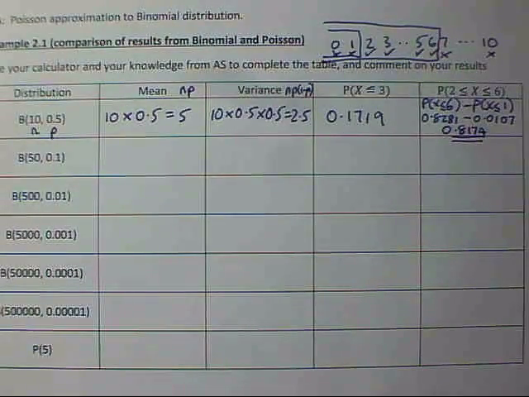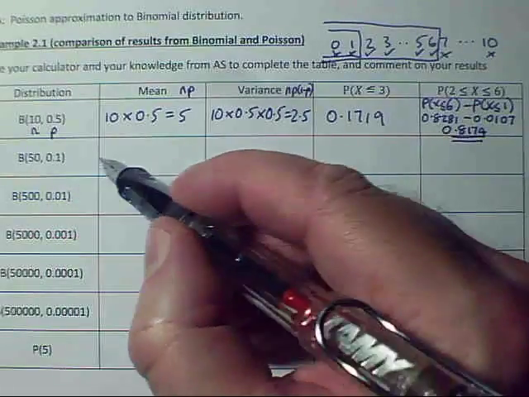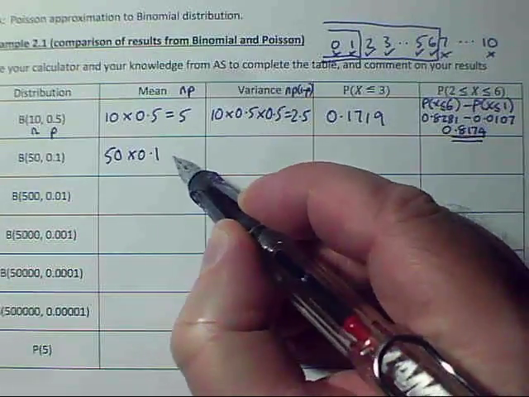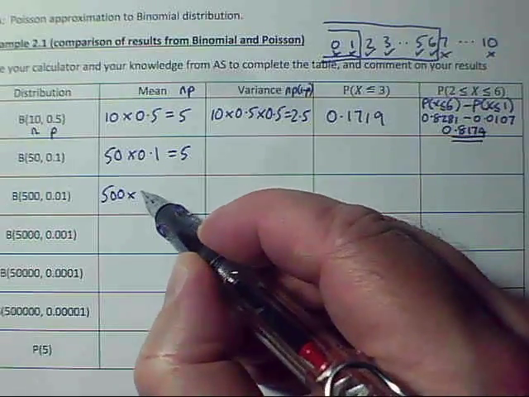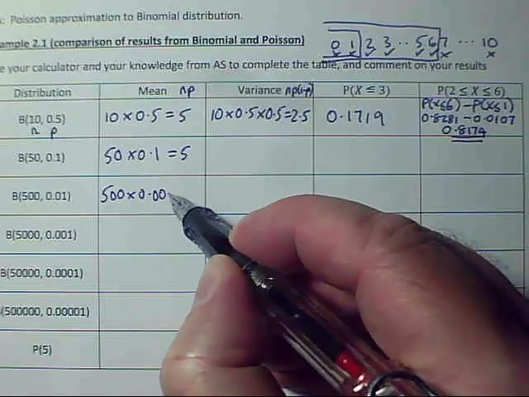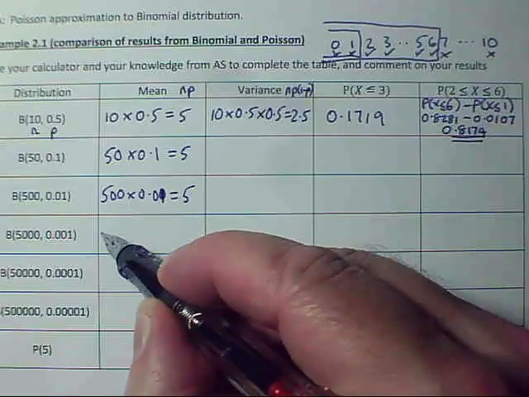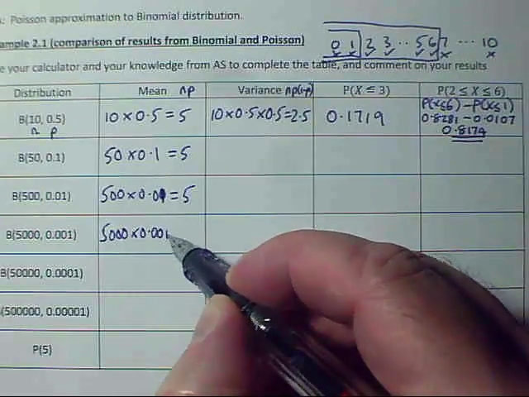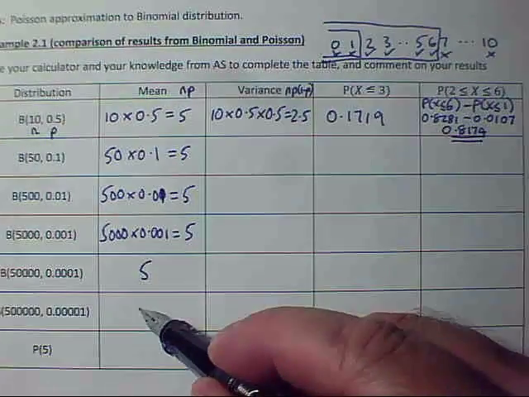Okay, so the rest of the table is just a matter of doing the same calculations for lots of different binomial distributions. So let's go down the columns. The next one, my n is 50 and my p is 0.1, so I'm doing 50 times 0.1, which is 5, and 500 times 0.01, sorry, equals 5 again, and 5,000 times 0.001 equals 5, and so on, each one is 5.